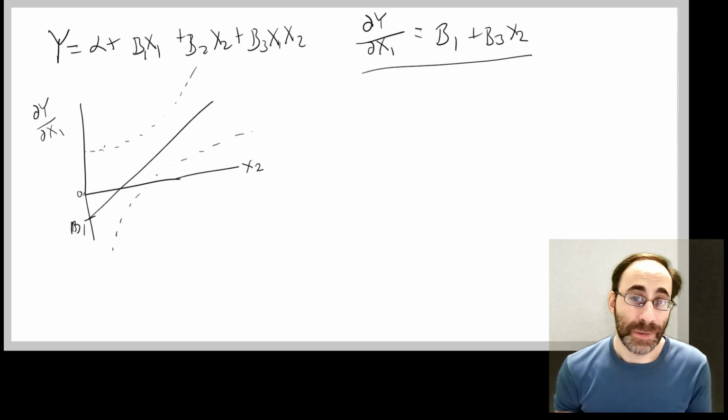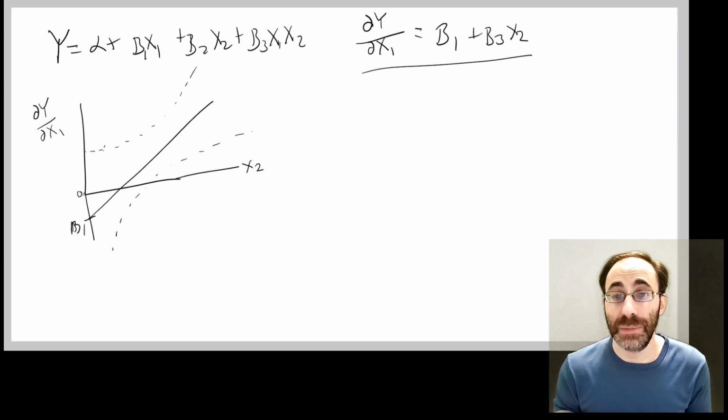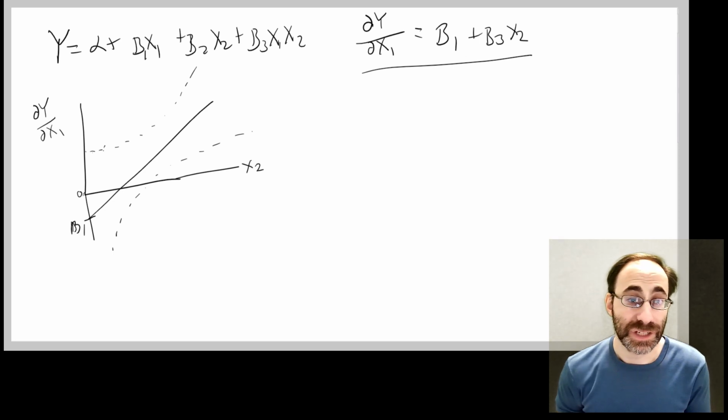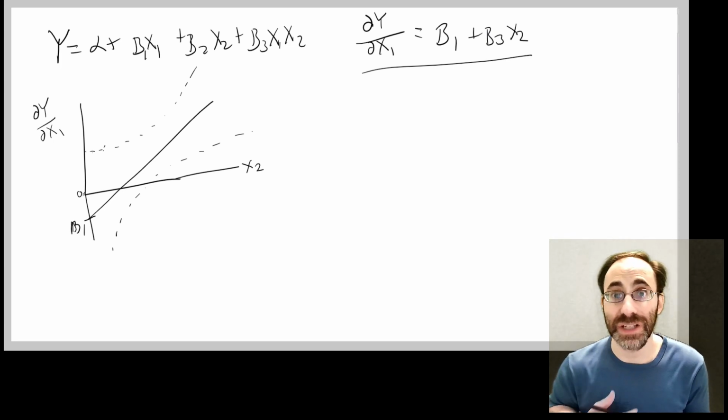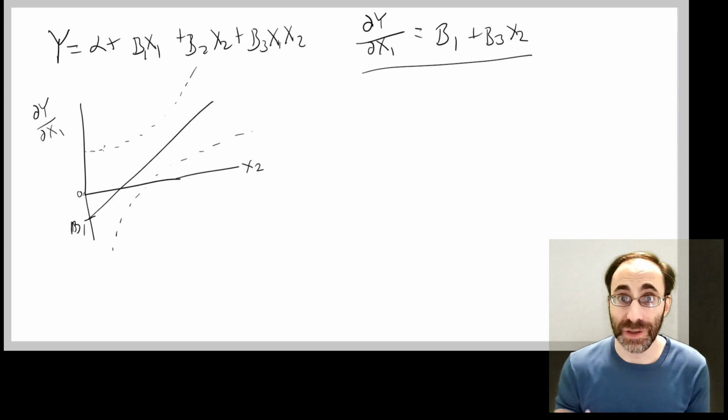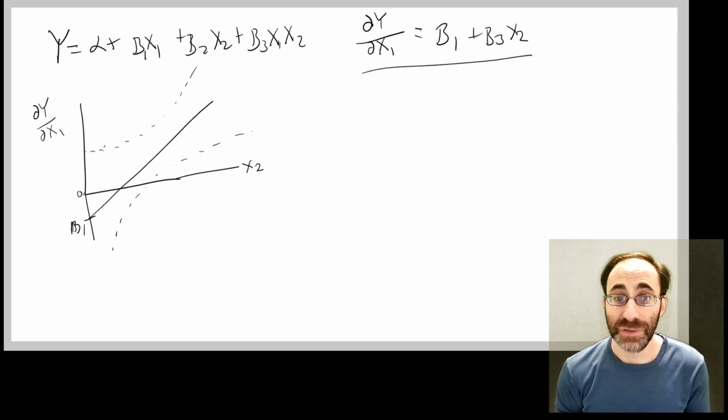What does it mean for us here? If my null hypothesis is that there's no effect of x1 on y, so the marginal rate of change of y with respect to x1 is 0, then I can't reject the null hypothesis if the 0 line falls within my 95% confidence bounds, for the same reasons we discussed before with hypothesis testing. If 0 falls within my 95% confidence interval, I can't reject the null hypothesis.